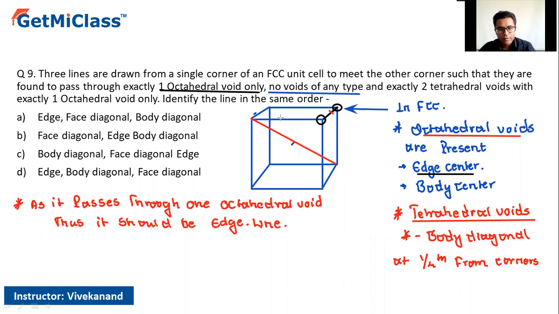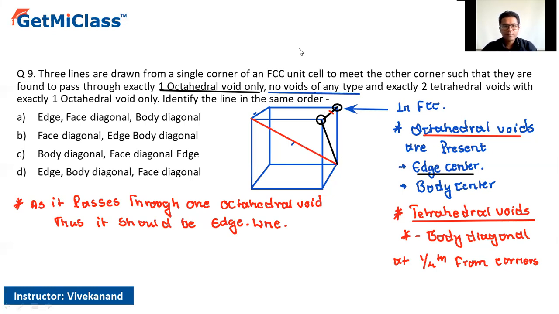Okay, so now in the second consideration, if we are going to consider this one face, that means if this is a corner and it is going to the next corner in such a way that it is going to pass along the face, along the face we do not have any type of voids.